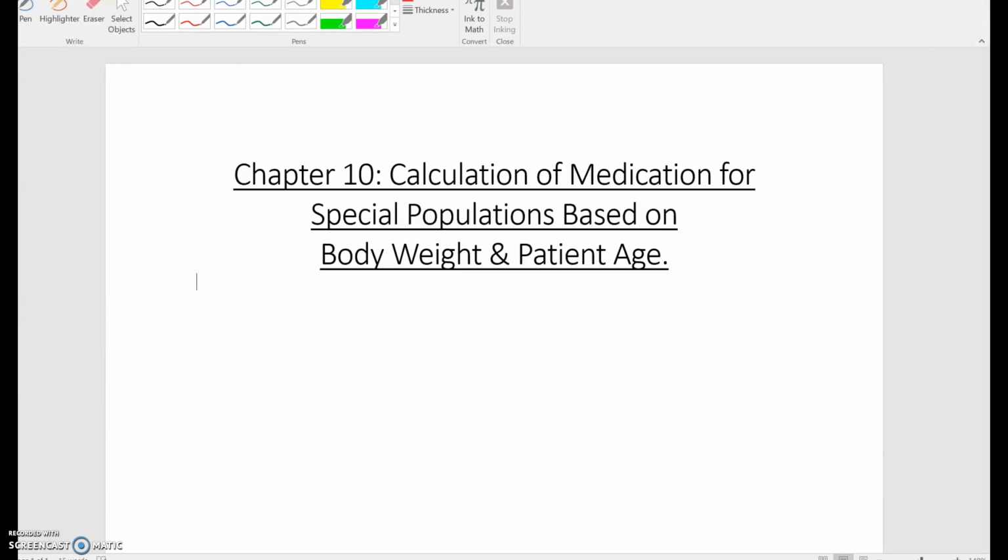All right, you guys, this is Chapter 10, Lecture 6. Chapter 10 is titled Calculation of Medication for Special Populations Based on Body Weight and Patient Age.